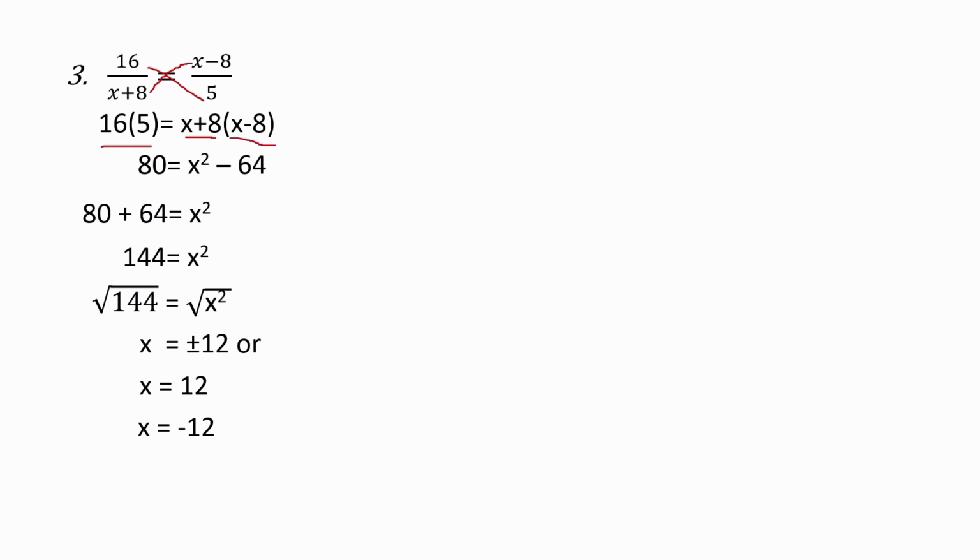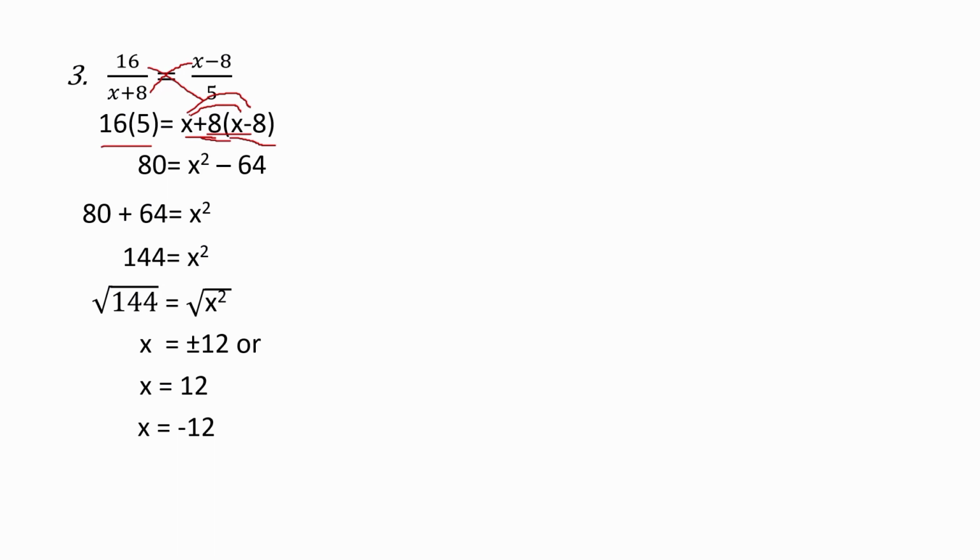So we have 80 is equal to, apply distribution property, x times x, then x times negative 8, then 8 times x, then 8 times negative 8, or remember the sum and difference. If we are multiplying the same first term and second term, we can also apply the sum and difference. So that is equal to x squared minus 64.